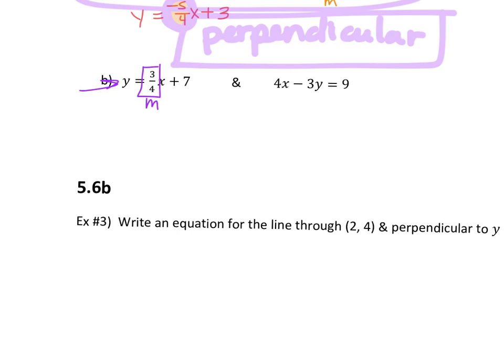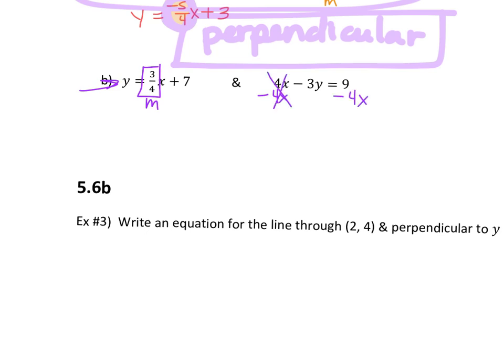Not divide yet. We've got to get y by itself, but to get there, subtract 4x. You have a 9 on the other side and you have a 4x. Can we combine those? No, you cannot. So we're going to subtract 4x and subtract 4x.